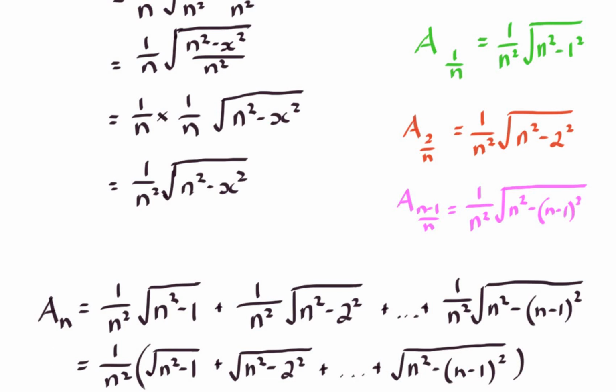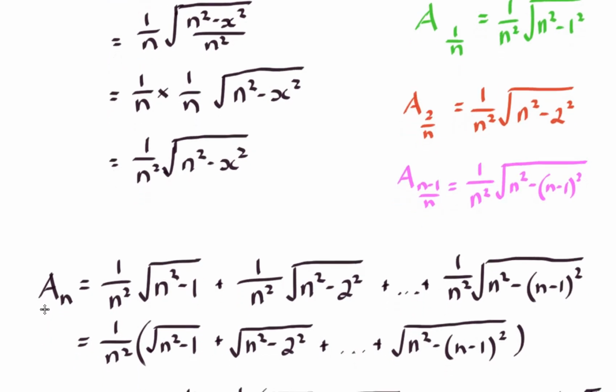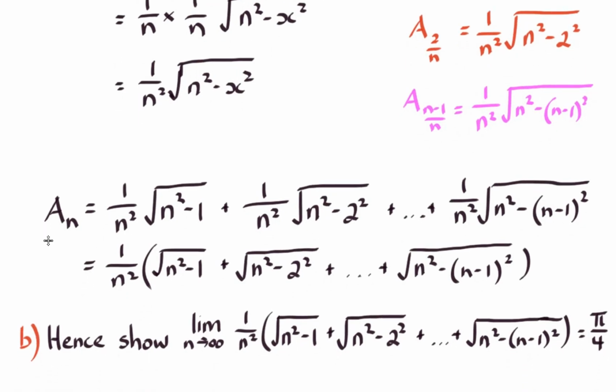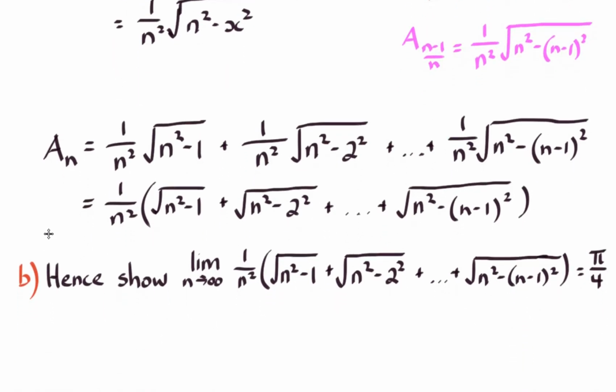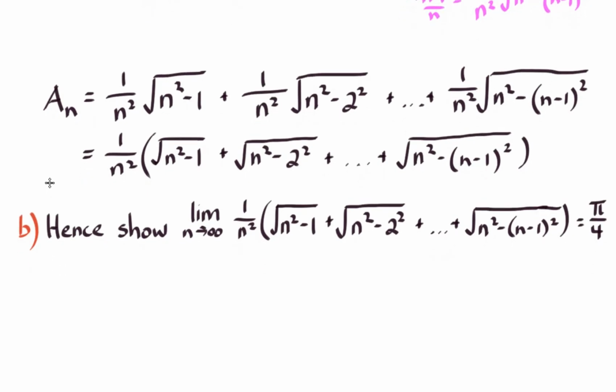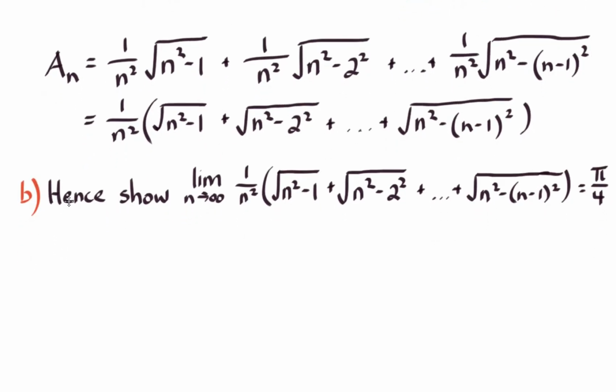Alright, part B. Hence show that the limit as n approaches infinity of this function, this 1 on n squared, etc., equals pi on 4. Now remember, this function here is just the sum of our n rectangles.